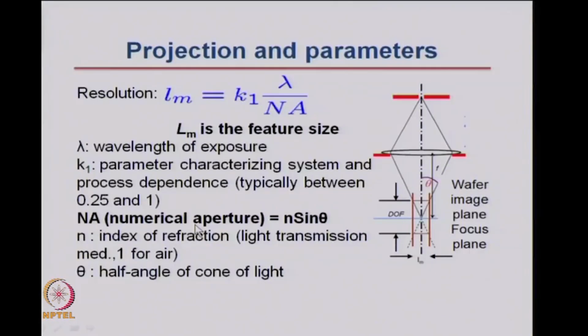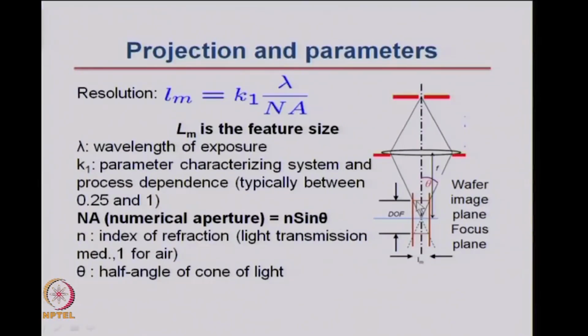So, the numerical aperture you want is a very large number, and this numerical aperture will be large if you have a very large theta value or very large n value, right, because you will have the maximum value sin theta equal to 1 when theta is equal to 90 degrees. But of course, you cannot do that.